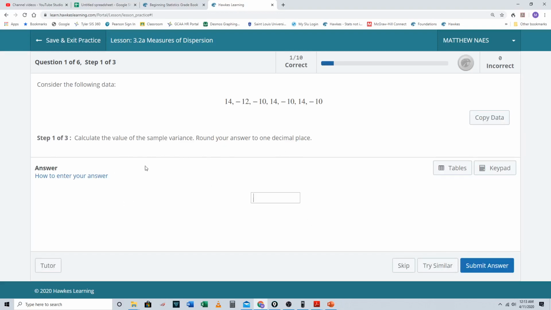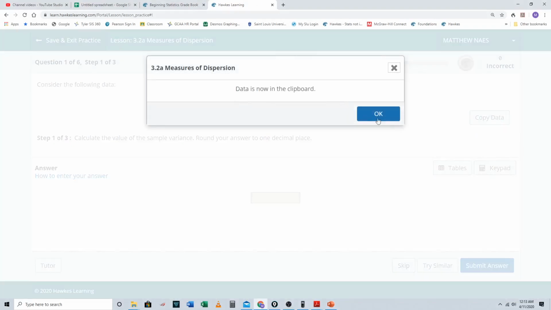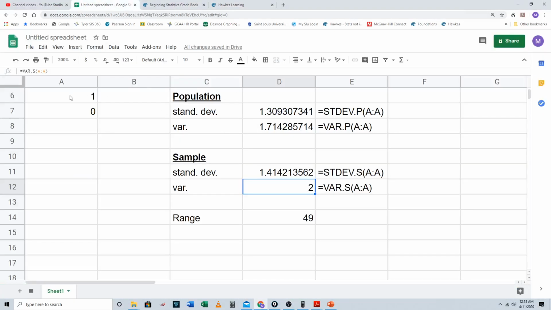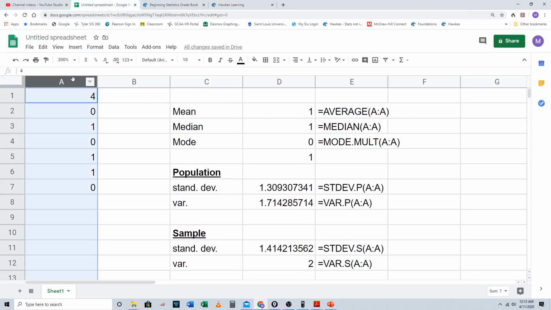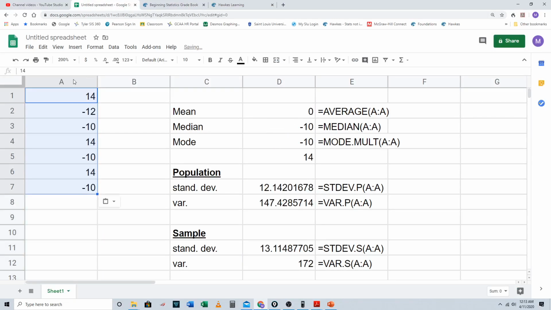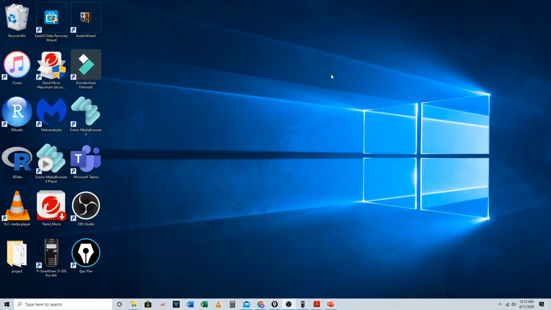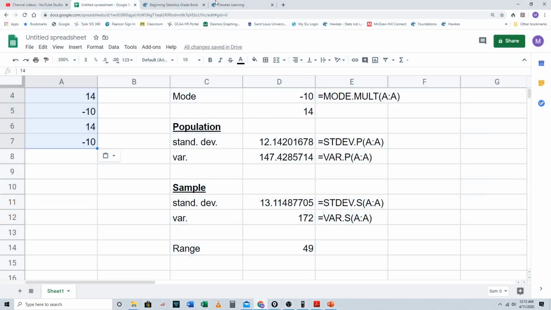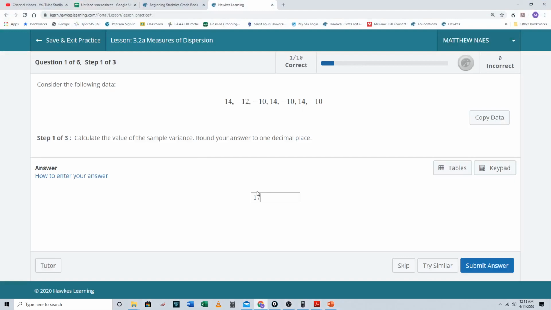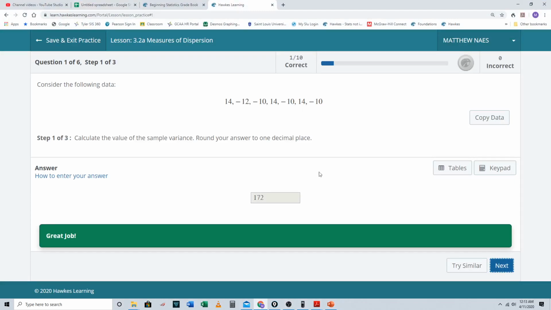I don't know why it skipped it. Maybe because I waited so long. So copy the data and do it again. Delete, paste. Sample variance is 172.